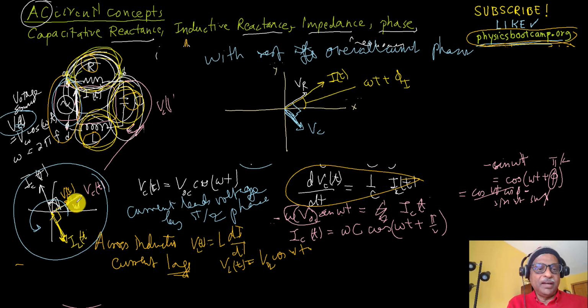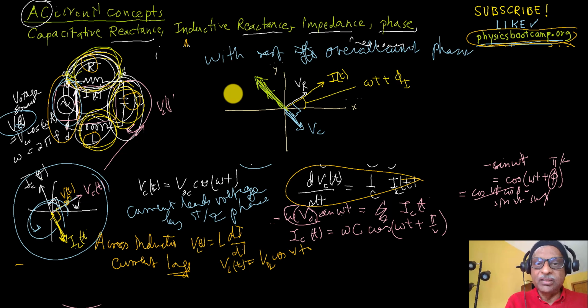And for the inductor, when the phasor is rotating, the current is behind the voltage, the VL. So the current is here, then the voltage will be ahead over here. It can be a different value depending on the L value and the omega. Okay, so VL is like that.